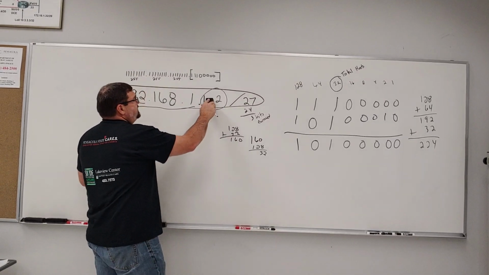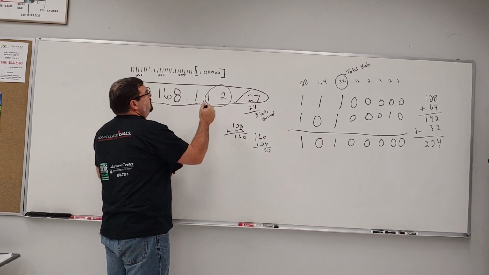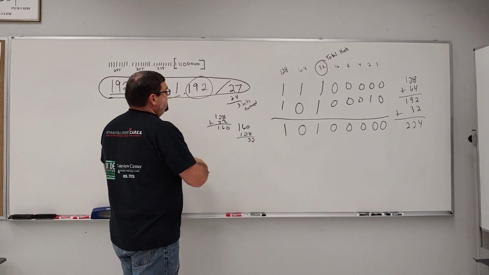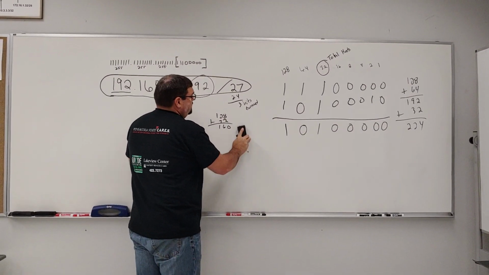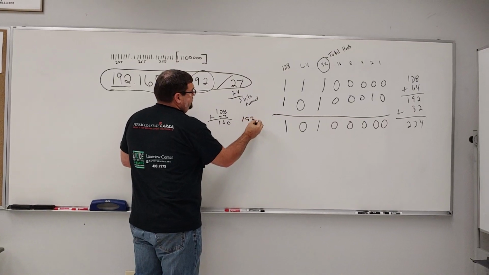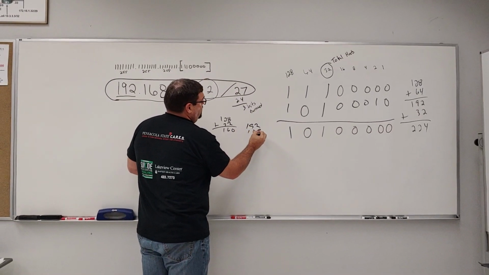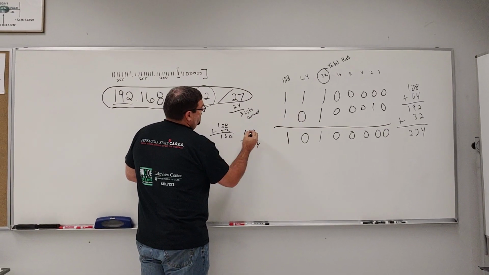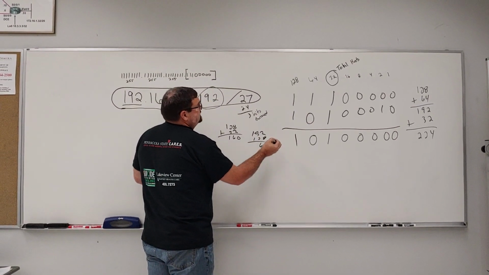So let's say I changed it up and said 192. All right, that changes up my math again. Now the 128 will go into 192, and then there's 64.